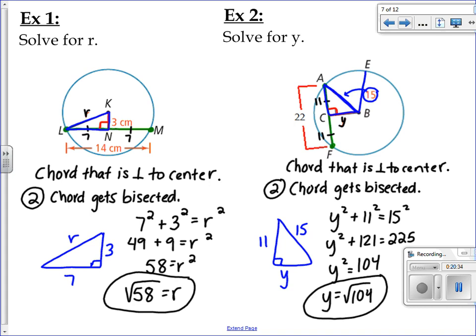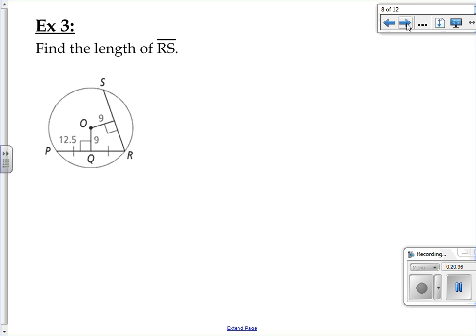All right, let's take a look at example 3. All right, we're trying to find the length of RS. So I'm going to put a little X here, for RS. So again, let's analyze what we've been given. Okay, well, I've been given a chord, PR.